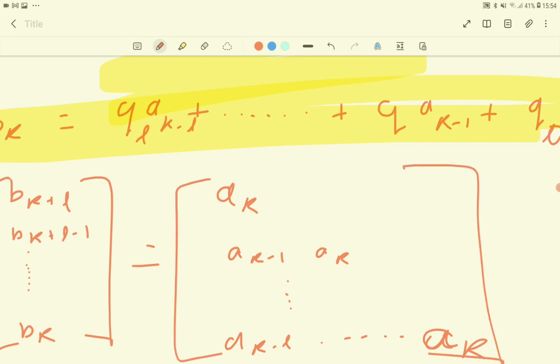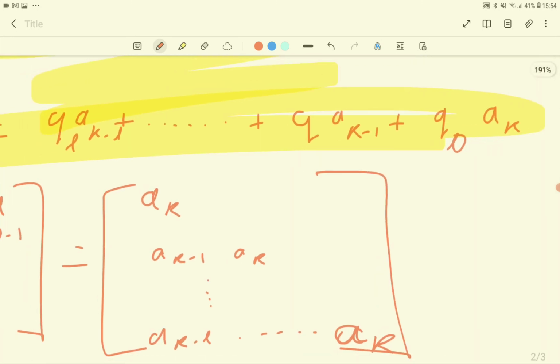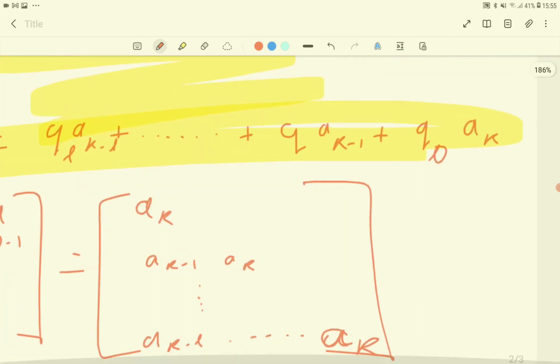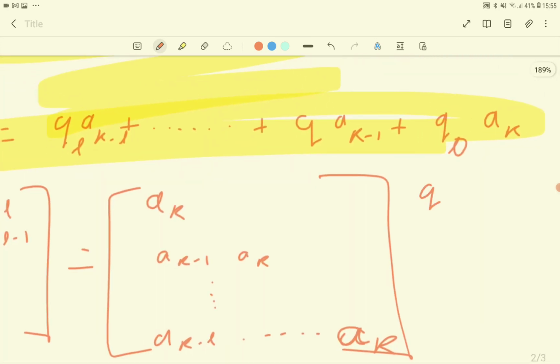This is being multiplied with q_l, q_(l-1), dot dot dot till q_0.